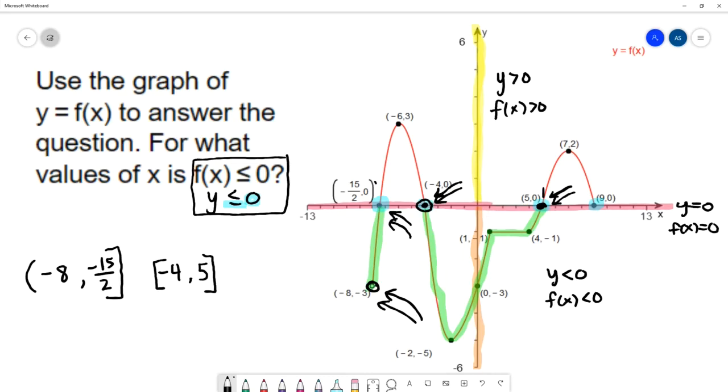And we have one more point to include. So this one is very unique because it's a single point on its own. And when you have a single point on its own, you can't use interval notation. Interval notation is always your low number, then your high number. We always go low to high.